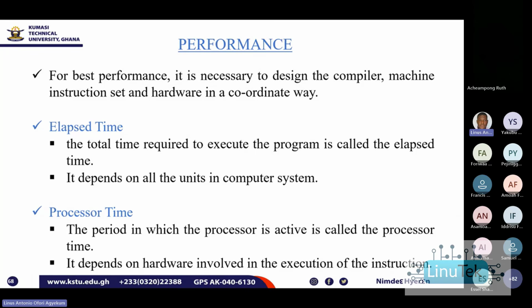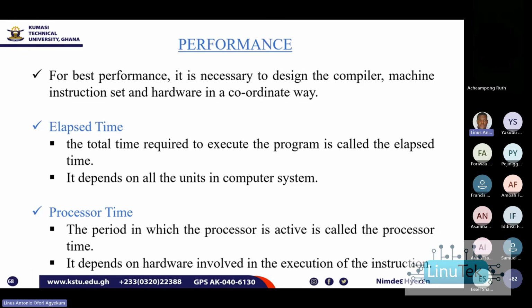So the compilers will aid the translation of these high-level languages into machine instructions, which would be able to communicate with the hardware. How these things are designed determines how fast or how efficient the systems would be.